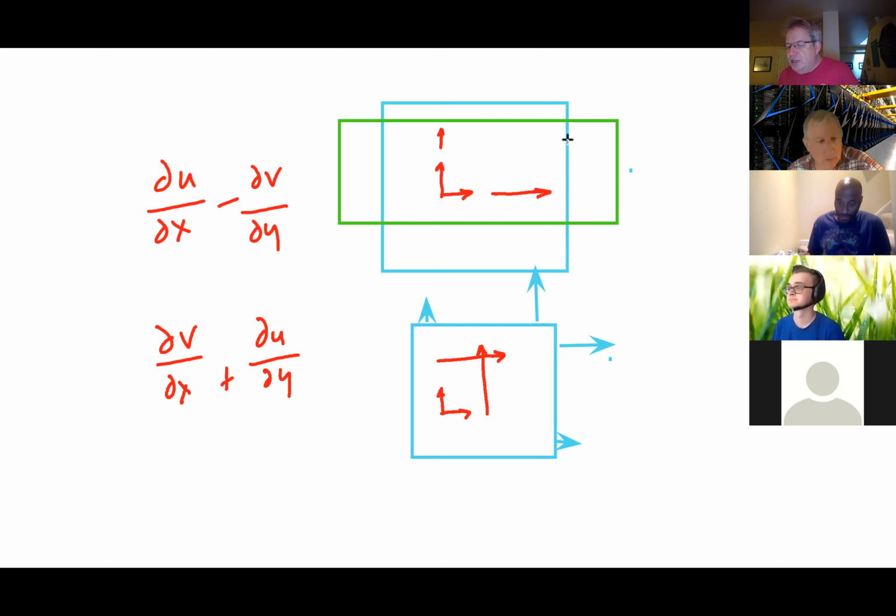Okay, so as I travel to the north, what is u doing? No, starting from the center of the dot going to the north. The change in u is going to be negative. It's positive, but it's getting more negative. So the one that's on my shared screen is negative du/dy, and that's going to be what? Rotation. Now, what does that do?